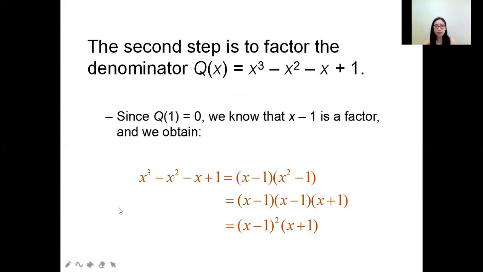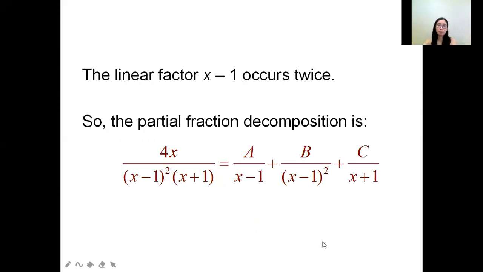So one factor is eliminated: x minus 1 times x squared minus 1. Then we further factorize x squared minus 1. So we now have x minus 1 times x minus 1 times x plus 1. The x minus 1 appears twice, right? So we have x minus 1 squared times x plus 1.